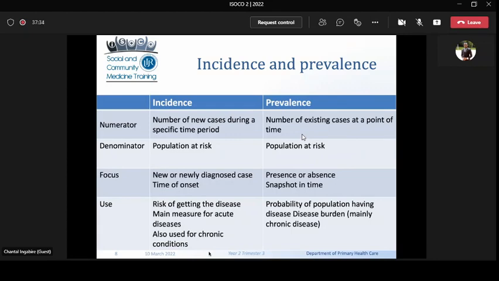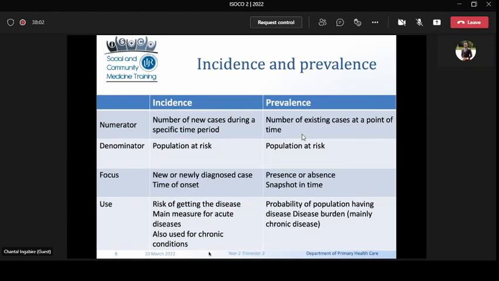The incidence is mainly used to understand the risk of getting the disease. This is the main measure for acute diseases, for instance a disease that is occurring in a specific community, but it is also used to monitor some kinds of chronic conditions.